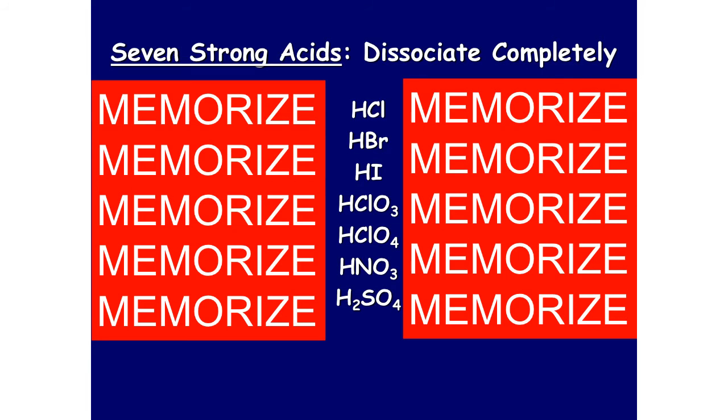HCl, HBr, HI, HClO3, which is chloric acid, HClO4, perchloric acid, HNO3, nitric acid, and H2SO4, sulfuric acid. We need to memorize that those 7 acids are strong, therefore they ionize 100% in solution.